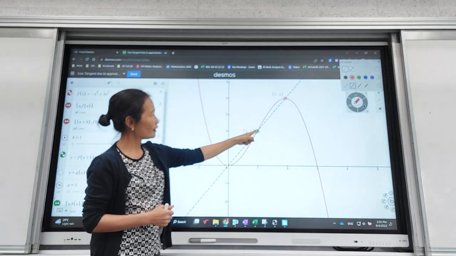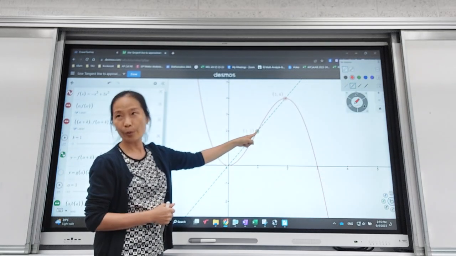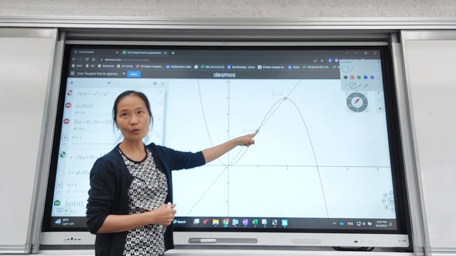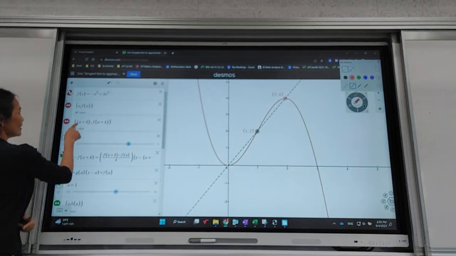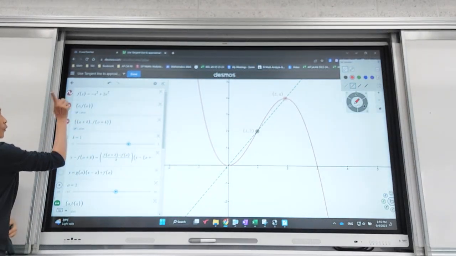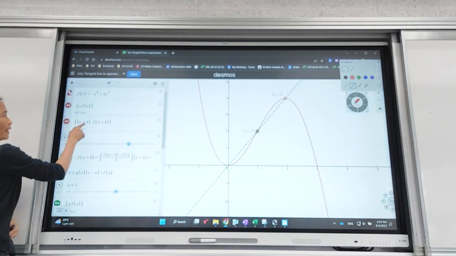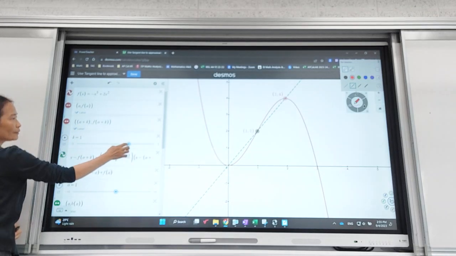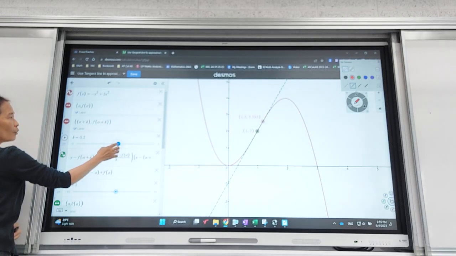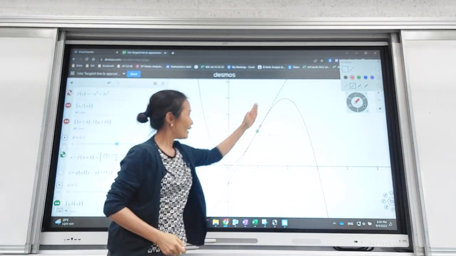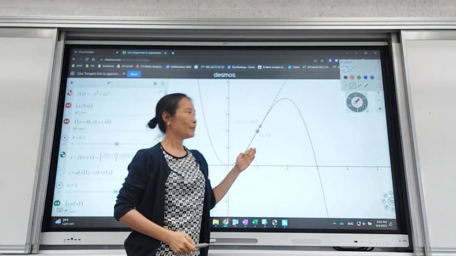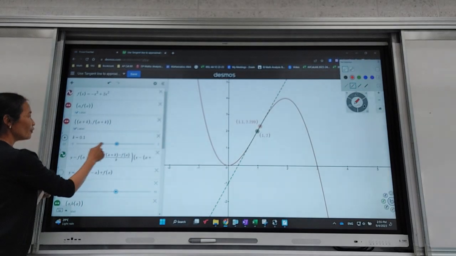But if I want to find the slope at this point, when x equals 1, you see this a plus h, my a is 1 now. Right now h is 1. I need to bring in that point closer. Now the line is like a secant line, but I cannot make the 2 points overlap.